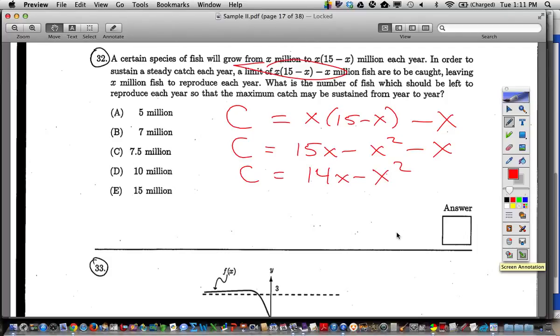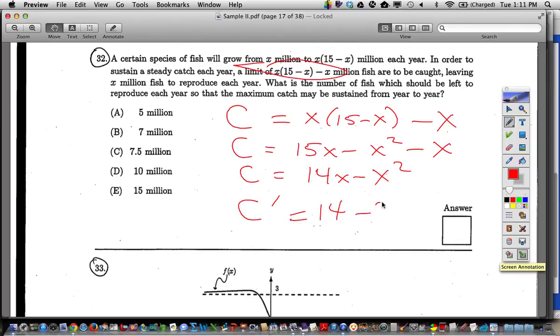So this is nothing more than an upside down parabola. So it's going to have a very simple maximum, probably a one candidate-ish problem. And since it's multiple choice, you can do it without too much difficulty, even without a calculator. So where are we looking? To maximize the catch, we're trying to find where the derivative is 0.